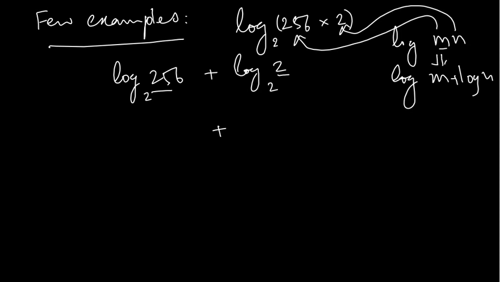Now for this particular thing, the next step: the base and the number are the same, so log 2 to the base 2 has the value 1. How do we get the value of log 256? We write 256 in powers of 2. You can write this as 2 to the power of 8.